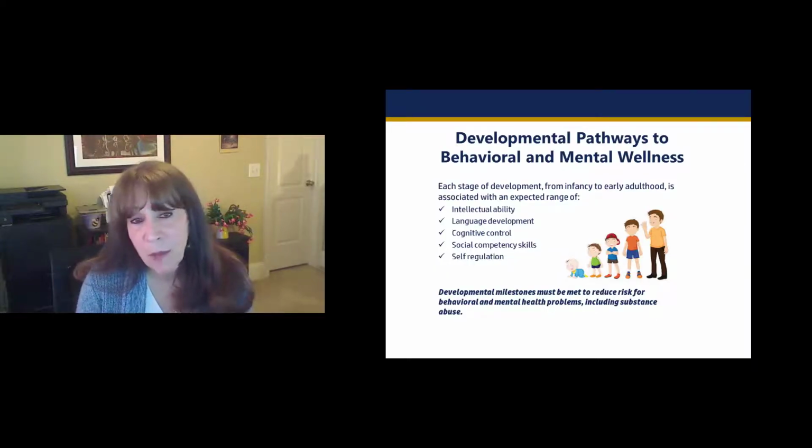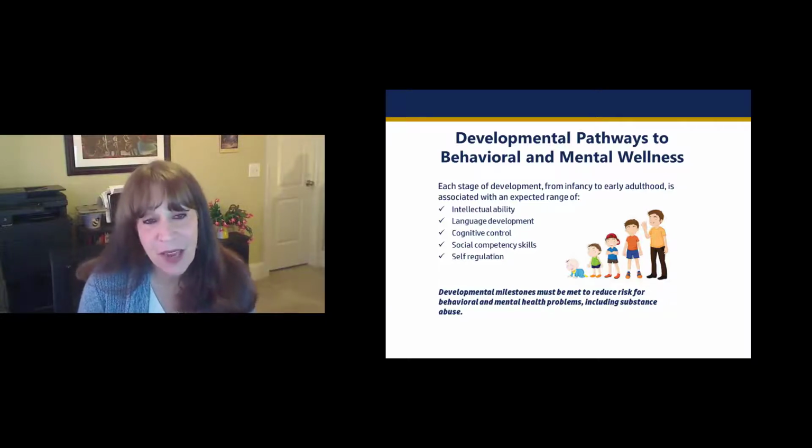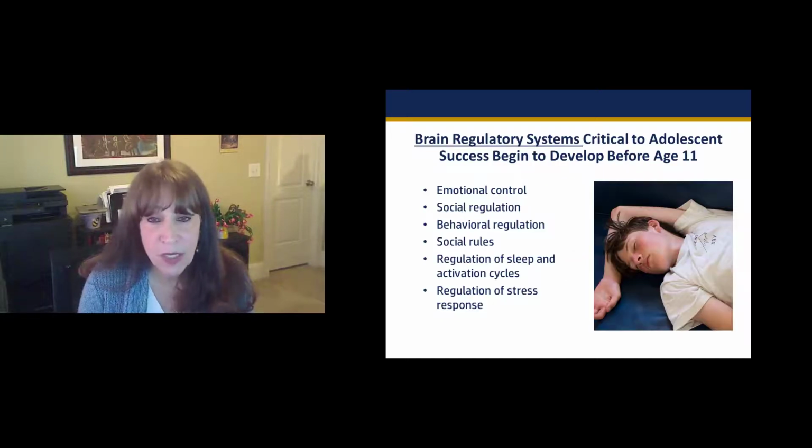So with the developmental pathways, you can see all of these influences have an effect from infancy to early adulthood. These developmental milestones have to be met in order to prevent behavioral and mental health problems, including substance abuse. So all of these things have to be intact, if you will, during the developmental course.